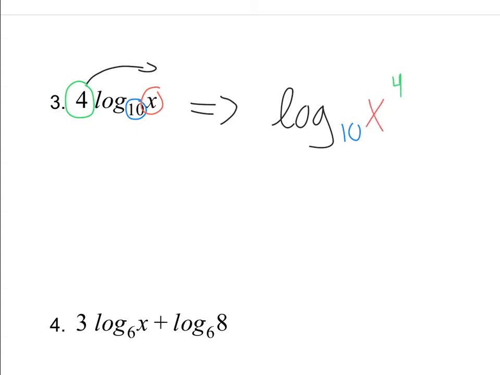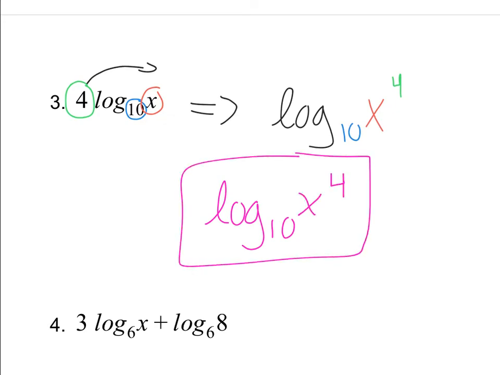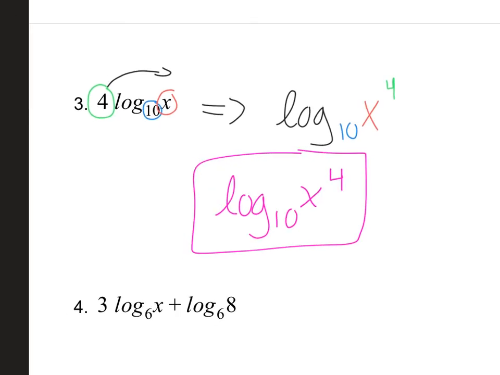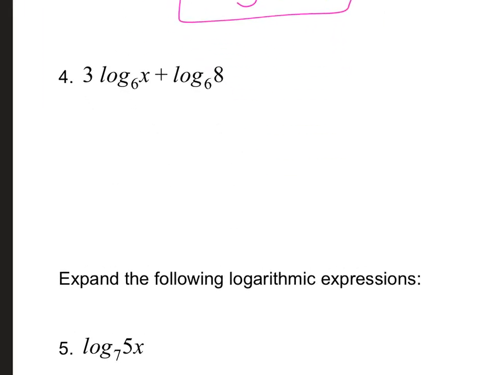And that's already simplified, but I'm going to rewrite it here in this other color, just so we're on the same page. Log base 10 of x to the 4th. Very nice.